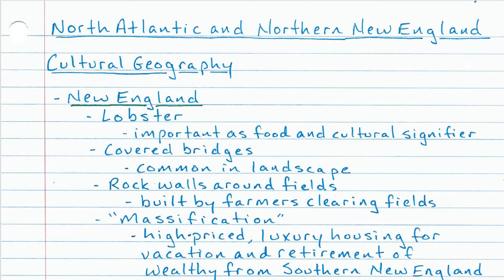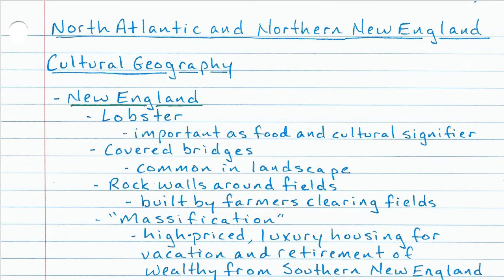And so wealthier people, particularly from Boston, will buy up high-priced luxury housing that they use for vacations or retirement. And there's a bit of a tension about this because these people might be seen as being outsiders, and that they don't really contribute to the year-round economy and that kind of thing.